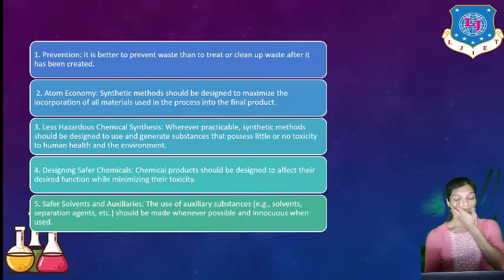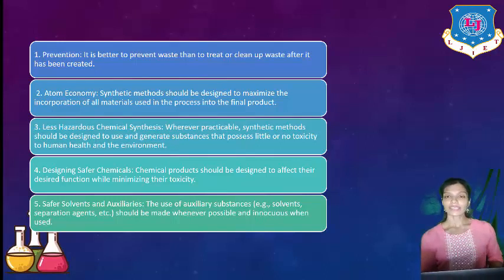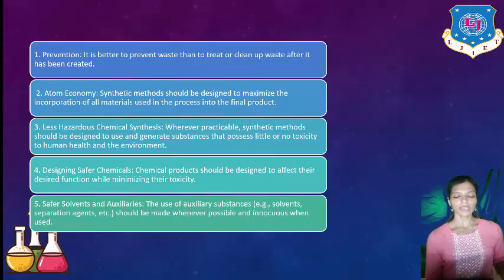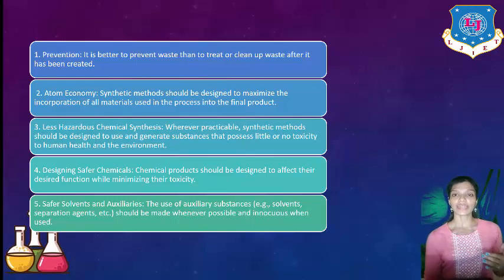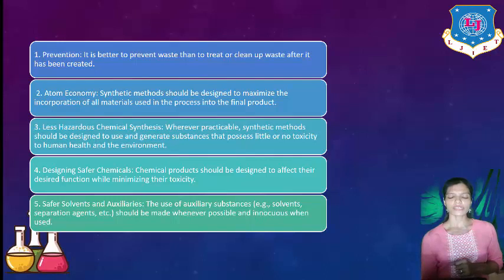Okay. Fourth principle, designing safer chemicals. It can be said that whenever practicable, synthetic methods should be designed to use and to generate substances which create less hazardous substances. Then fifth one is safer solvents and auxiliaries.